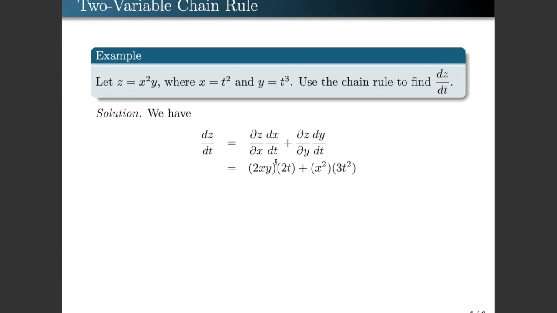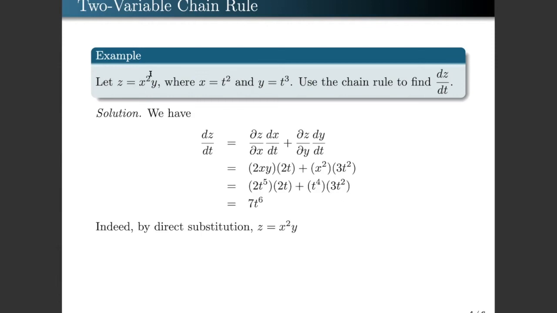When we simplify this expression, what we will do is to replace the x's by t squared and the y's by t cubed. So upon doing that, 2xy will now become 2t to the fifth, and x squared will now become t to the fourth. After simplifying this expression, we will get 7t to the sixth. Now, alternatively, we could just have replaced x by t squared and y by t cubed in this expression here.